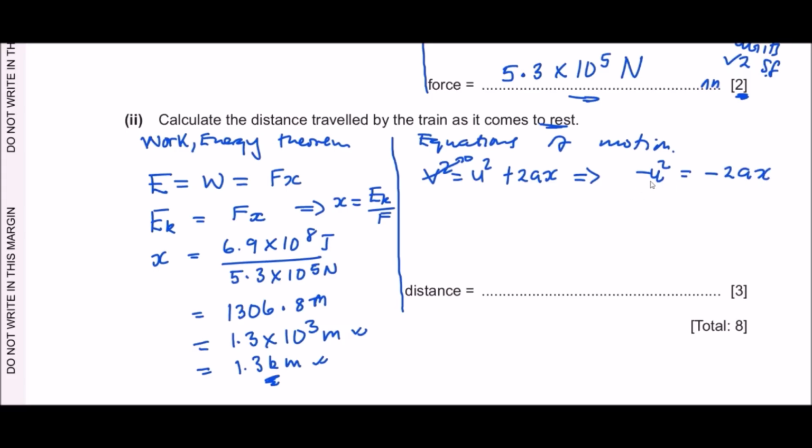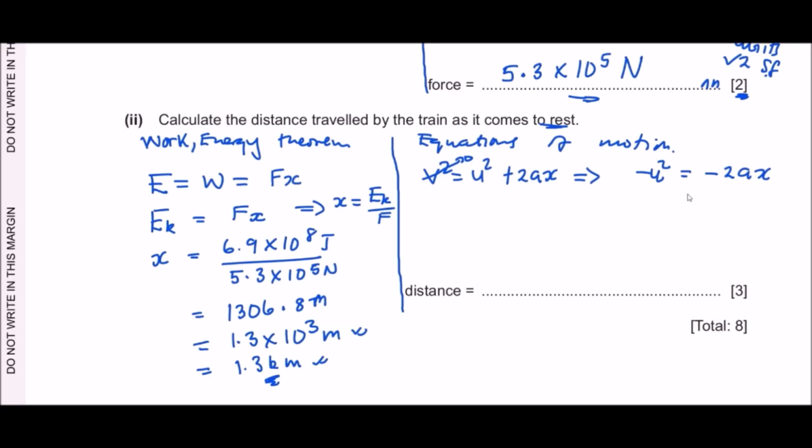Let's talk about the negatives. Where is this negative coming from? We moved u to the left side of the equal sign. So it was positive, it becomes negative. Where is this negative coming from? Our acceleration is retardation. It's a braking force. So we know that retardation is negative acceleration. So we have a negative from negative acceleration, retardation, and a negative by moving u squared to the other side.